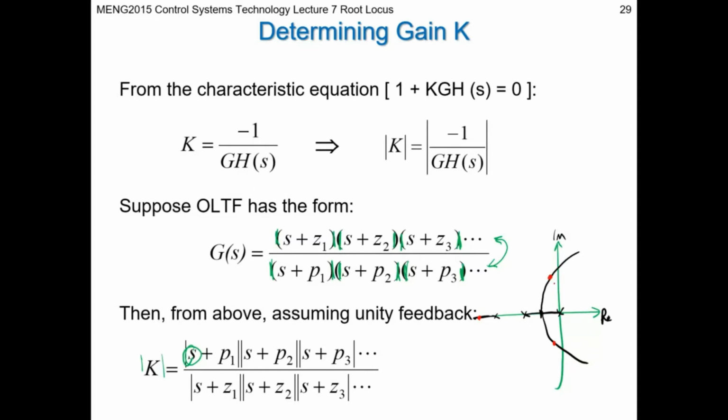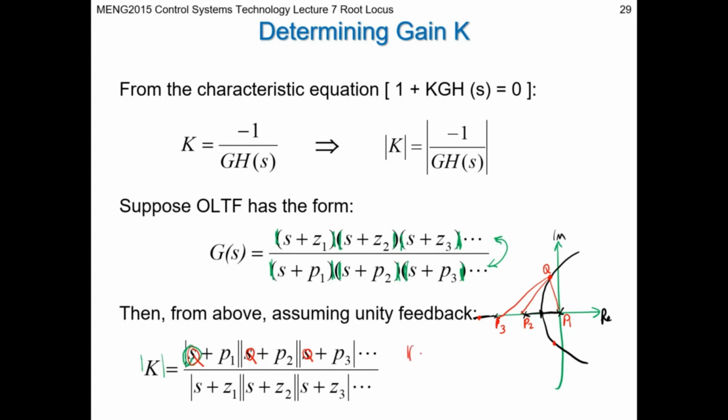What I'm interested in now is the distance from this closed loop root to this pole and this pole. If we call these P1, P2, and P3, and we call this location on the root locus, this closed loop root, Q, then what we're interested in is the distance between Q and P1, Q to P2, and Q to P3.